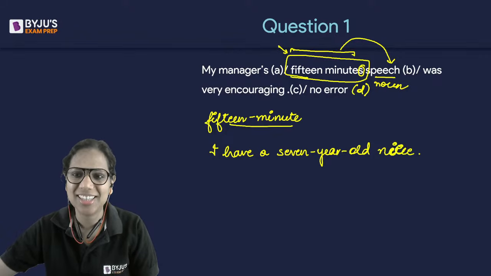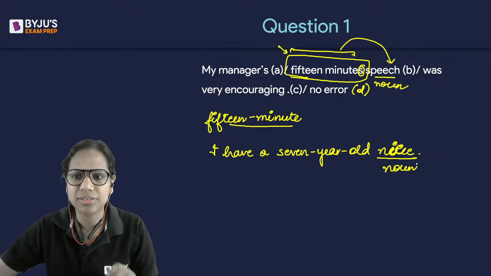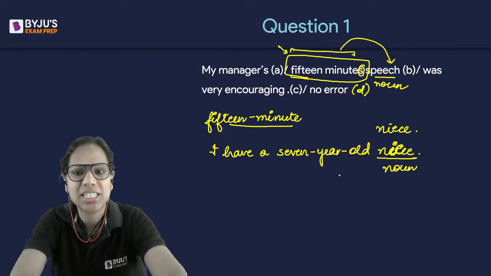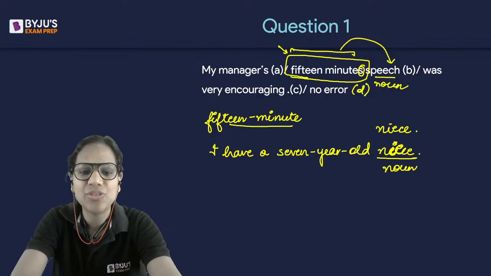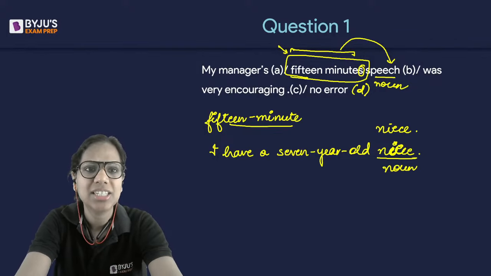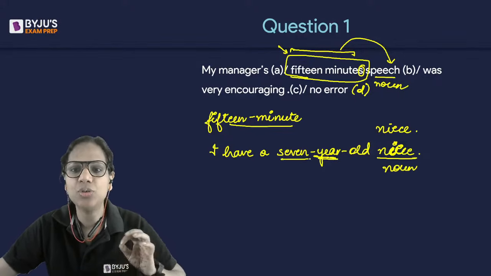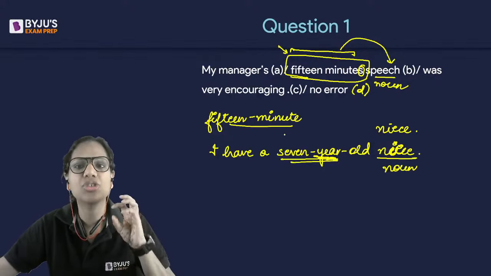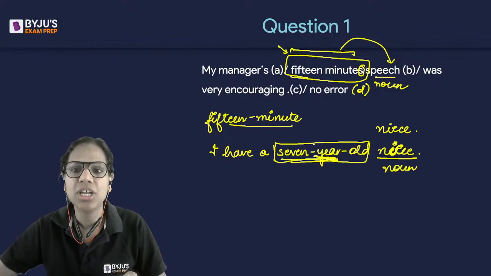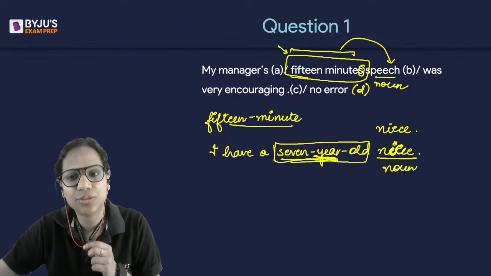Niece is the noun here, and I am describing my niece, isn't it? So 7 years old nahi hoga, it will be 7-year-old. Whenever you mention someone's age, or some time, some duration as a descriptor, as an adjective, it is not written in the plural form. It is written in a singular form.